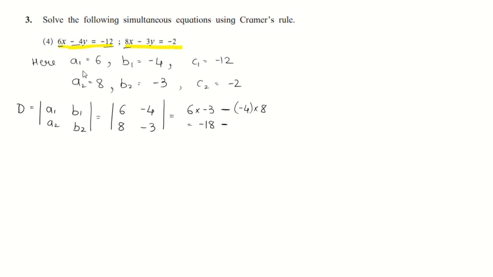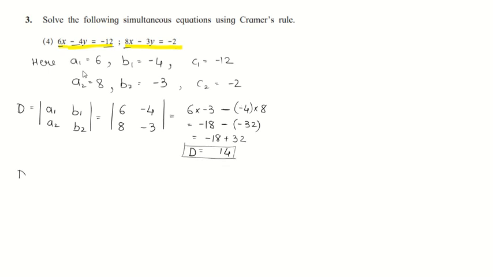This minus sign, 8 fours are 32, and minus 4 into plus 8, that is minus into plus is minus. That is the reason: minus 8 plus 32. Here we get plus into minus is minus. 32 minus 18 is 14. Sign of the bigger number 32 is plus. So D is plus 14.